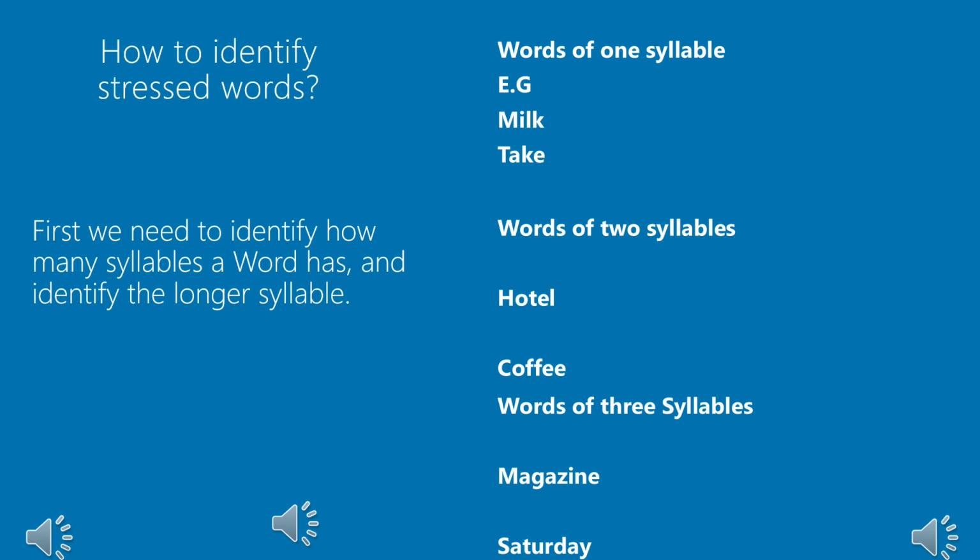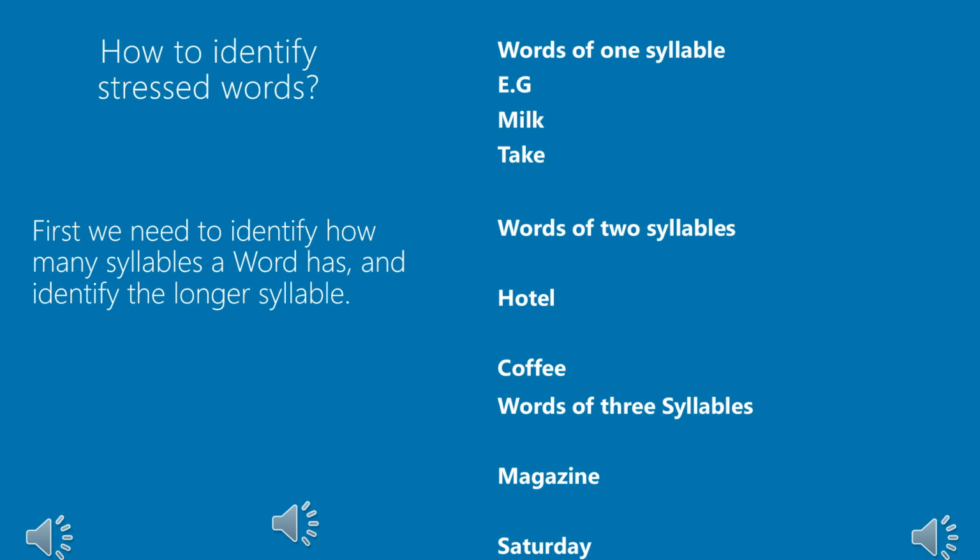To do so, we first need to identify how many syllables a word has, but also we need to identify the longer syllable in that word, which brings us to the concept of long and short vowel sounds. Now, it is not a rule per se, but we normally find stress in long vowel sounds.